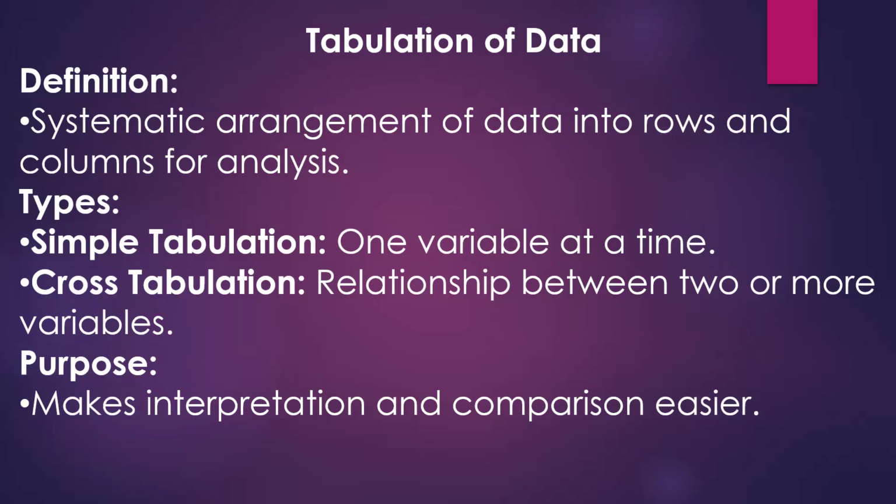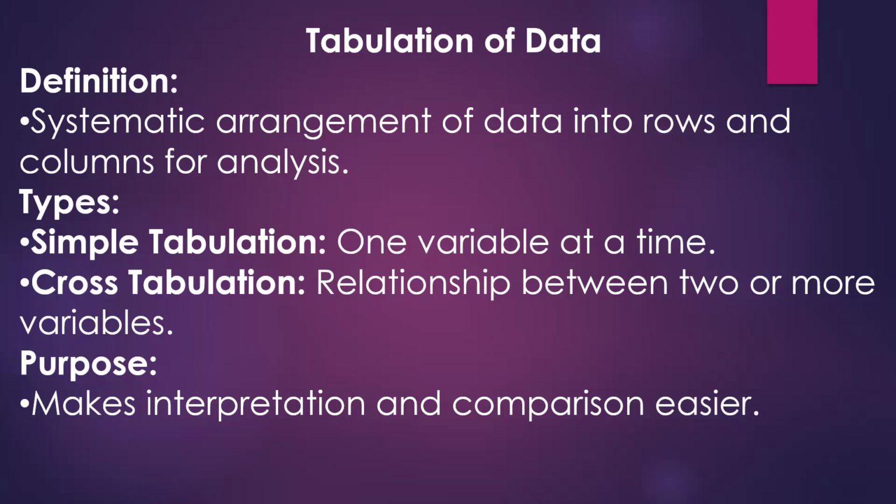Simple tabulation deals with one variable at a time. For example, the number of males versus females in a study. Cross tabulation helps to compare two or more variables. That is, when we have more than two variables, we can use cross tabulation. For example, gender versus opinion on a topic.